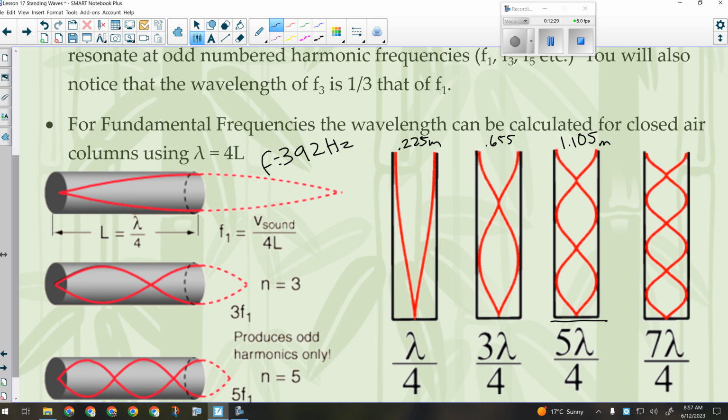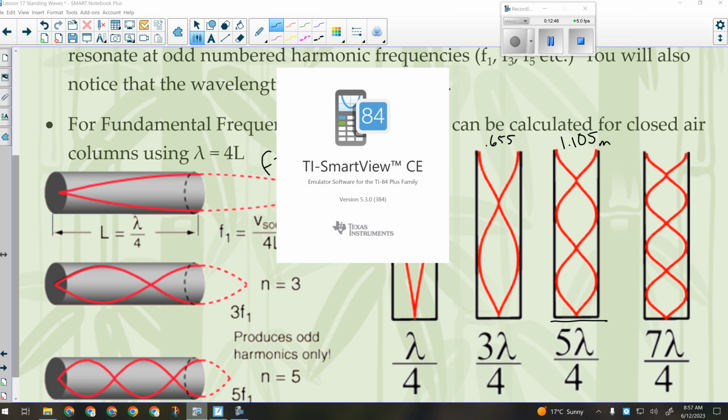All right, so when we got this one, we said that this length was equal to 1/4 of the wavelength. So if I want to find the actual wavelength, what do I do with that number? Yeah, multiply it by 4. Okay, so yeah, that should be 1.10, right? I think, if my math is right. Yeah.